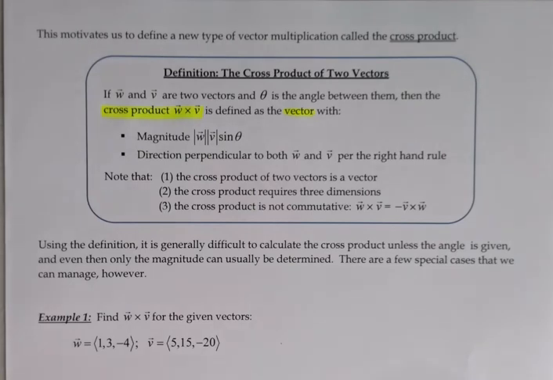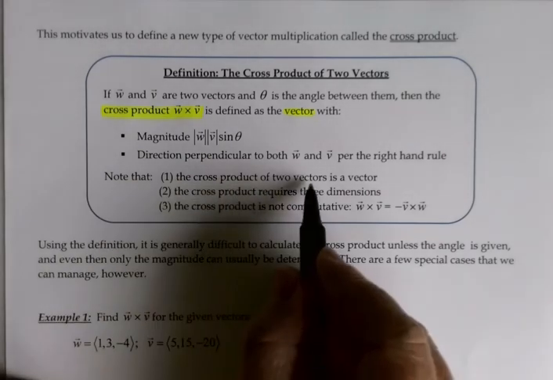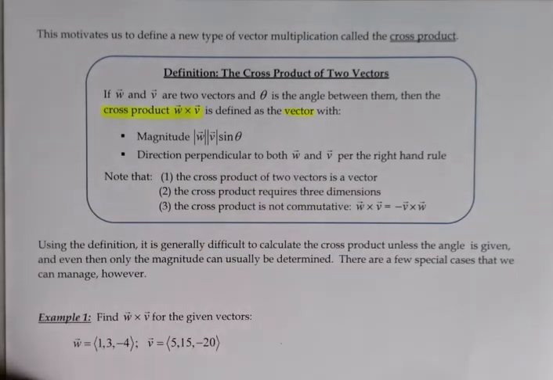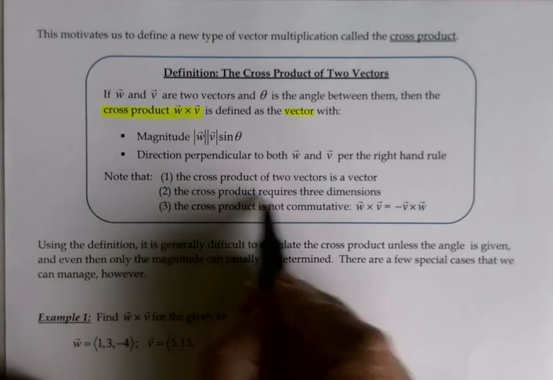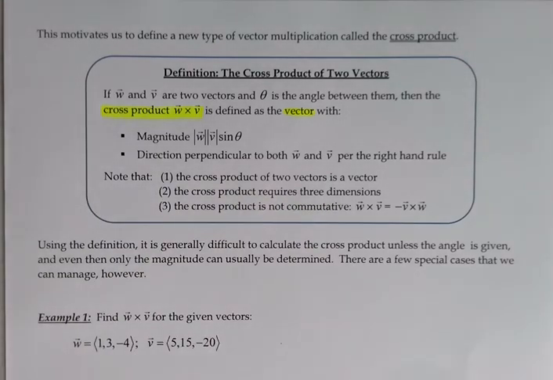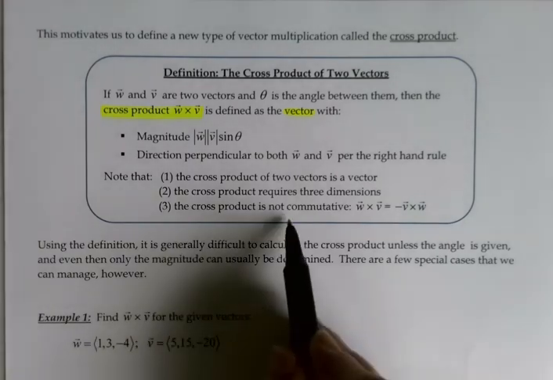A few things to notice. The cross product of two vectors then is a vector, has a direction as well as a magnitude. The cross product requires three dimensions. The direction of the cross product is perpendicular to both W and V, and the only way to get that to happen is to use the third dimension. And finally, cross product is not commutative.